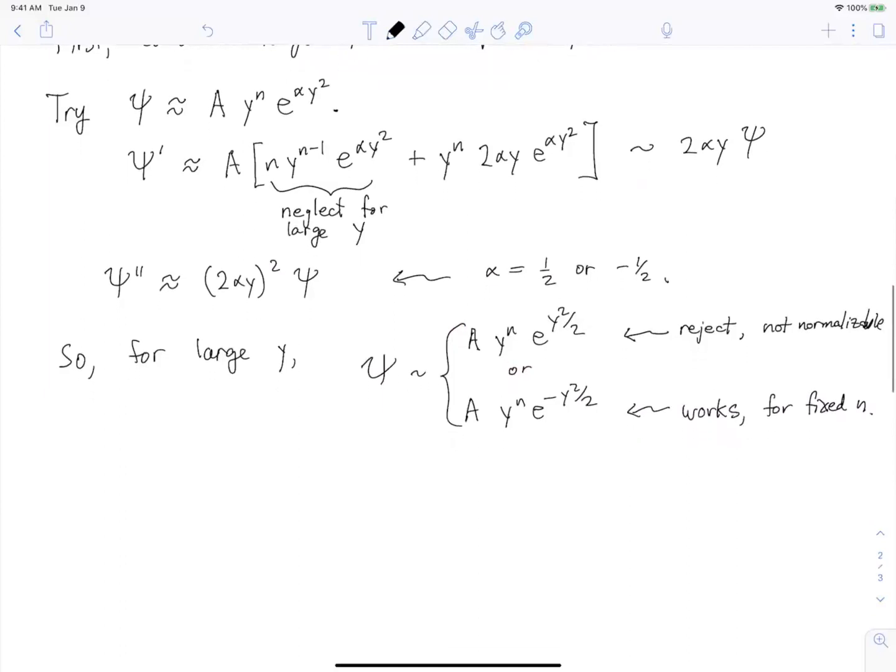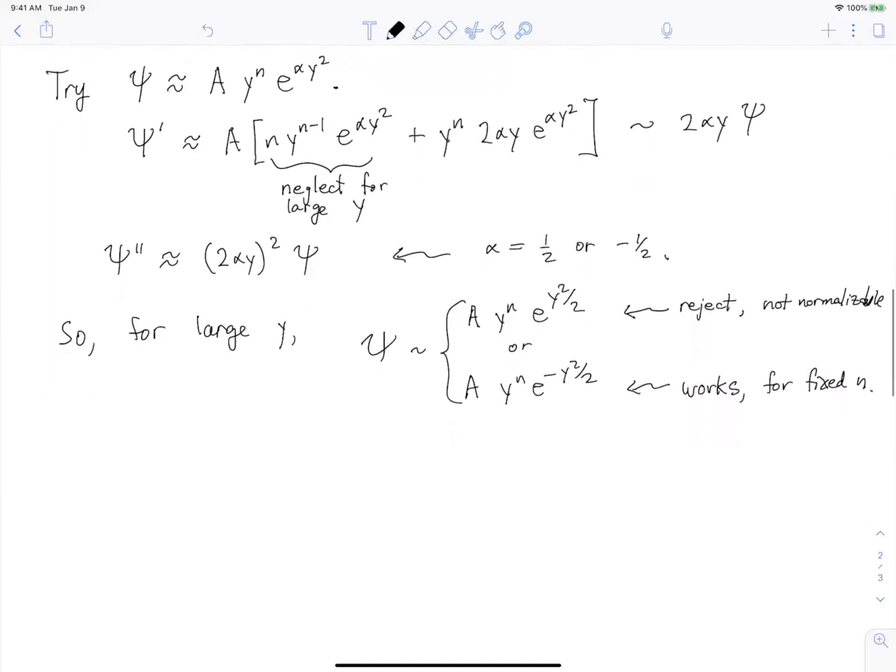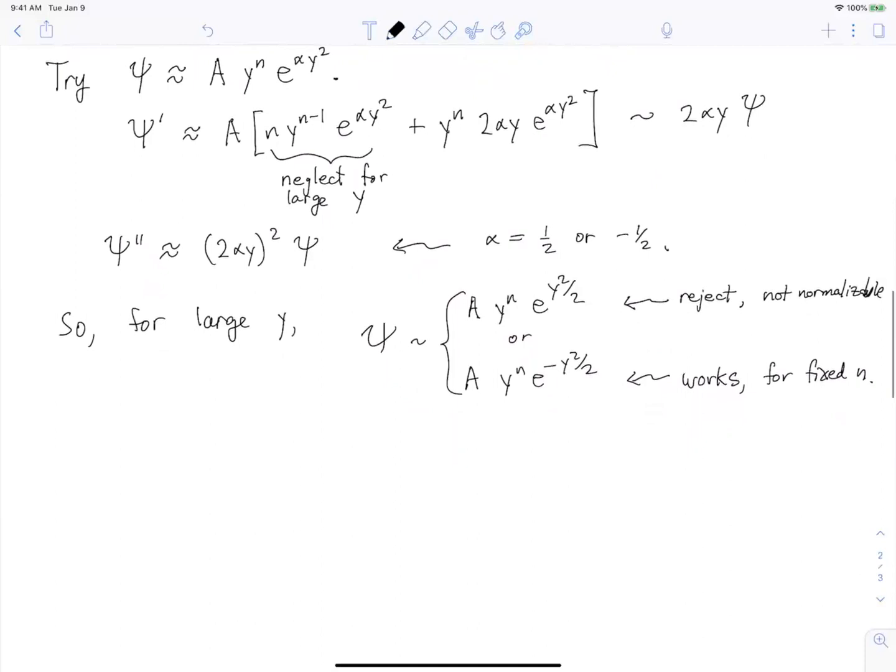Okay, so what we've learned is that the wave function is going to behave like e to the minus y squared over 2. And so now with that knowledge, let's go back to the general problem of any y, not just large y. And we're going to try a solution that looks like some coefficient function multiplied by the exponential that we just found works for large y.